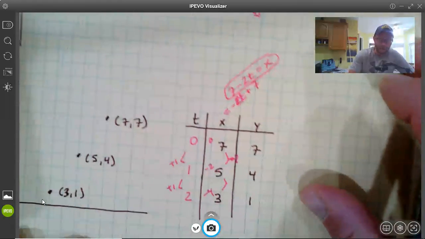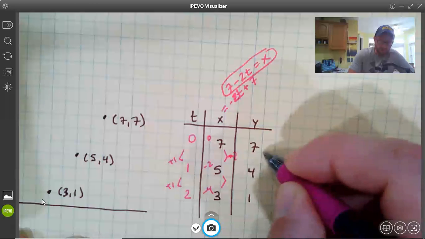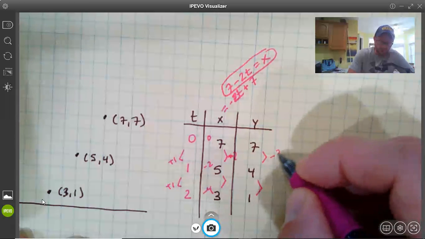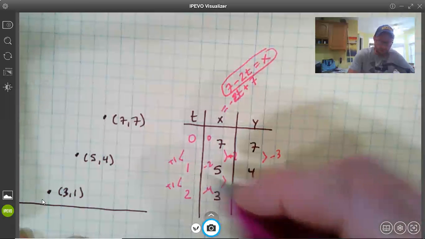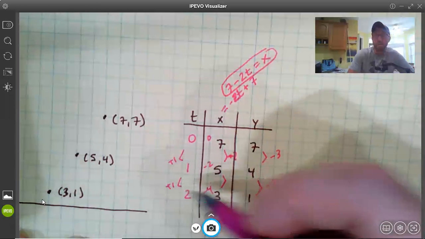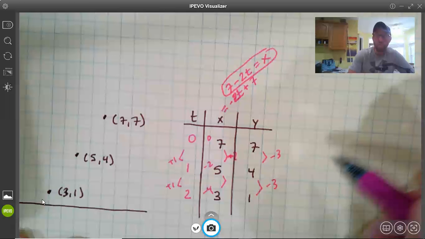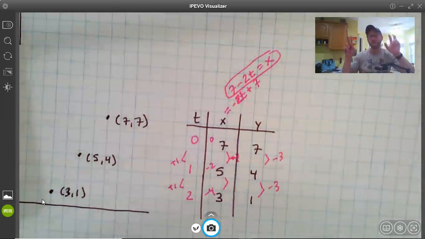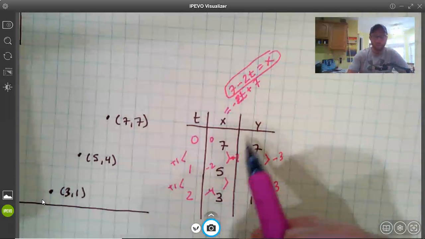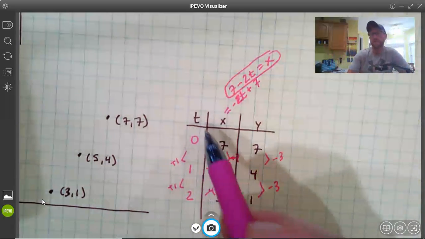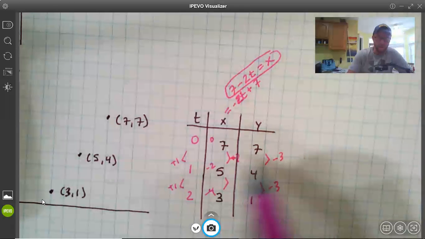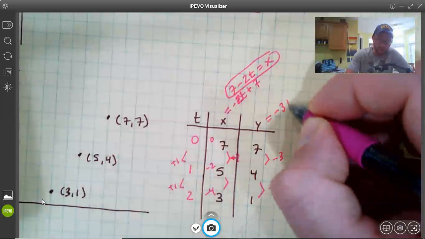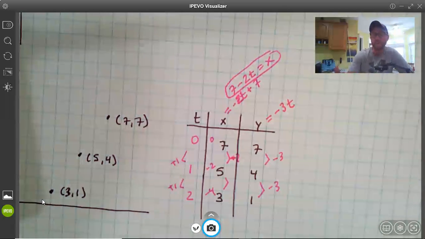Now let's do the y. Notice 7, 4, 1. We are going down by 3. And over here we're going up by 1. This isn't really the slope of this line, but the rate of change of y with respect to t would be negative 3 to 1. So y will start out with some kind of negative 3t.